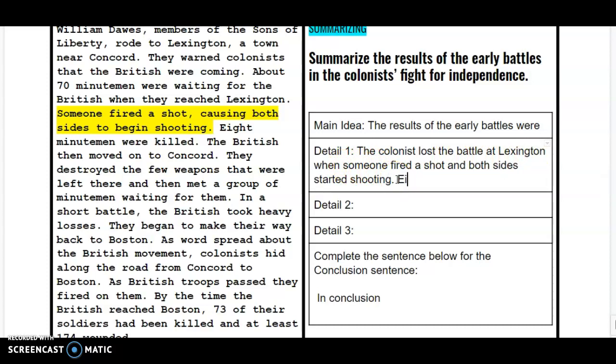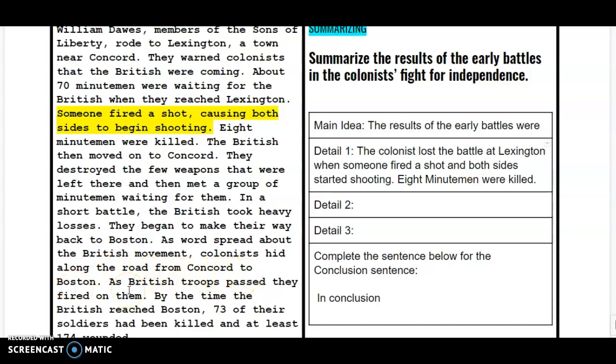So we're going to say 8 Minutemen were killed. And so we're going to just keep going. They destroyed the few weapons that were left and then met a group of Minutemen waiting for them. In a short battle, the British took heavy losses, and they began to make their way back to Boston. As word spread about the British movement, colonists hid along the road from Concord to Boston.